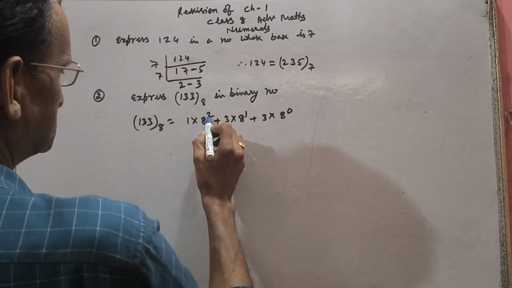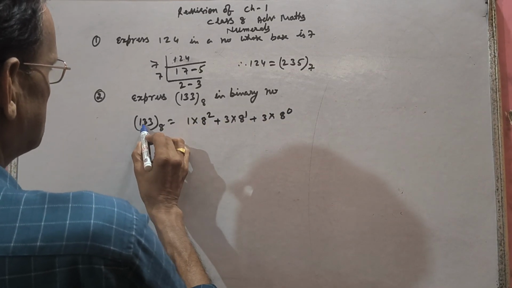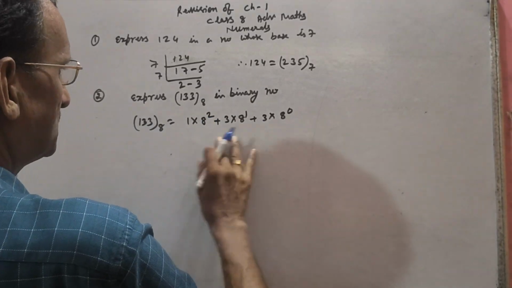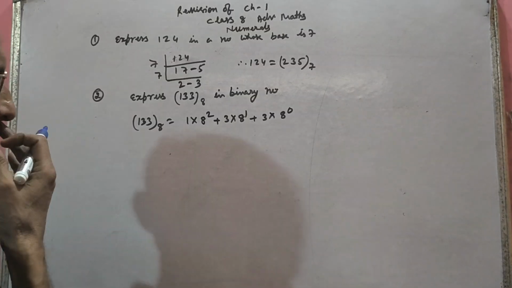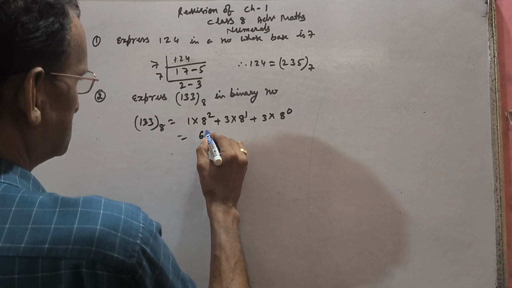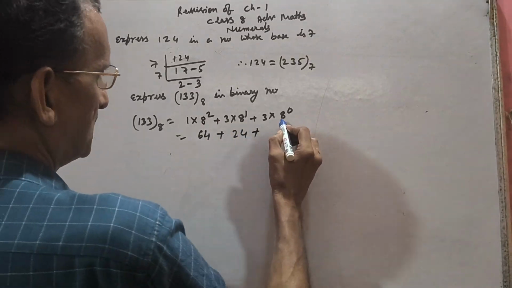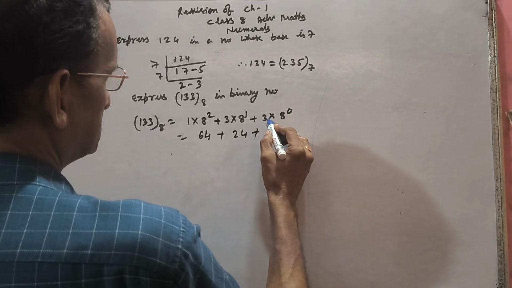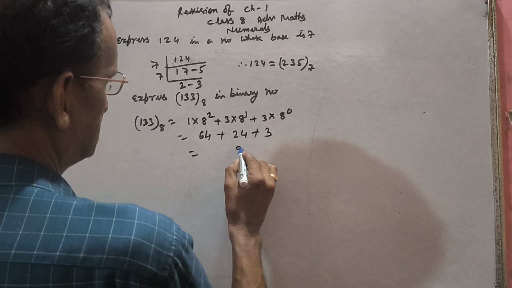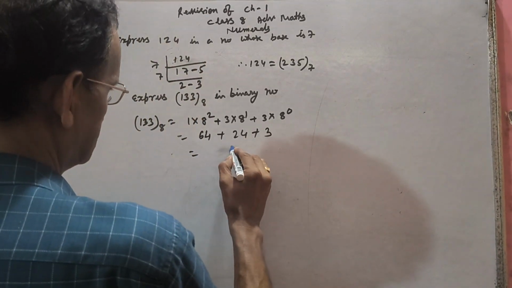We go down to 0. We express it as a polynomial. Base 8 is given. 8 squared is 64, 3 times 8 is 24, and 8 to the power 0 is 1, so 3. How much will we get? 91.